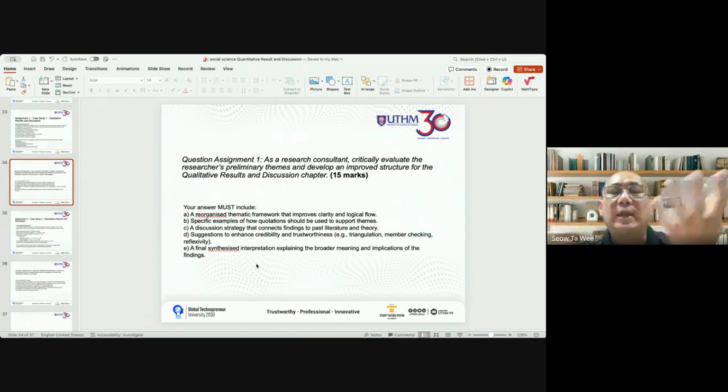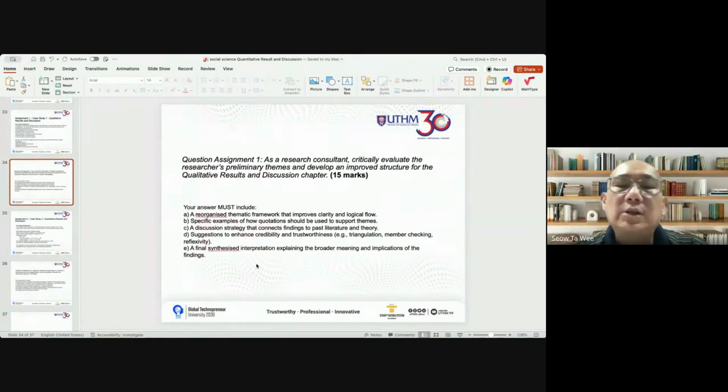Or you can do it the other way. Okay. So suggestions to enhance the credibility and trustworthiness. So you can come up with some suggestions. And a final synthesis, interpretation, explaining the broader meaning and implications of the findings.